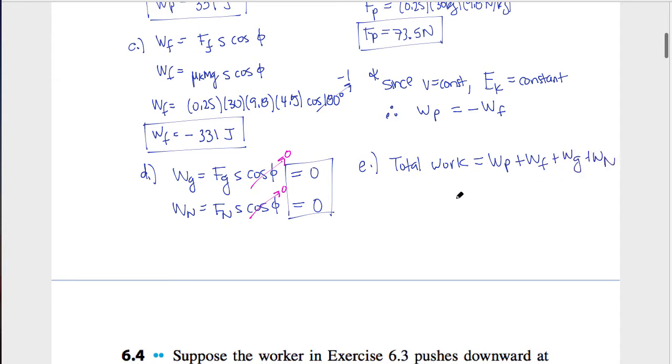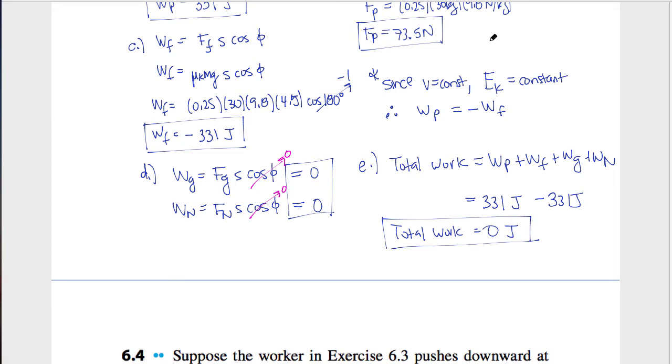Now, those two are 0, but we also see that work done by the pushing force is positive 331 joules, and work done by friction is negative 331 joules. So my total work is, in fact, 0. And again, this makes perfect sense because we do not have a change in kinetic energy overall for this box because it moves at a constant velocity.